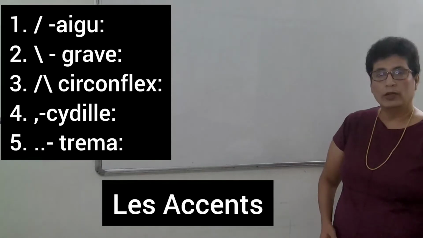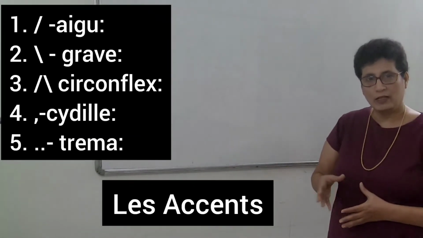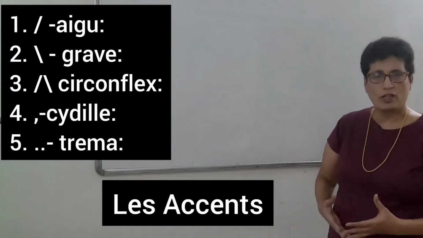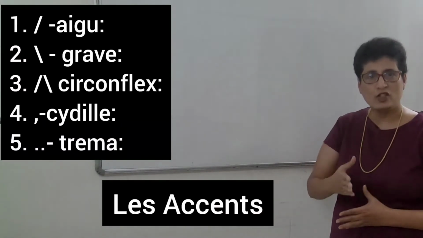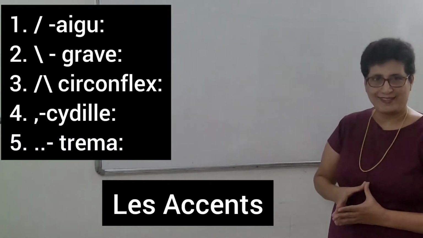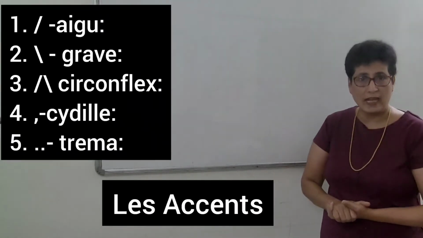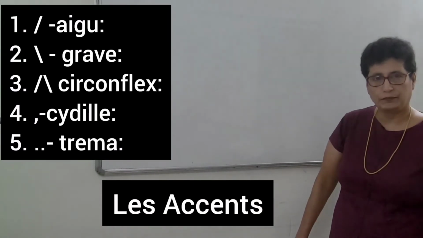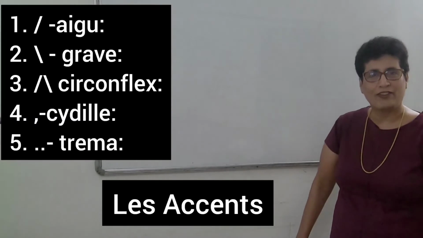Now, they're called sometimes by different names in the Indian classroom. When I teach French, my thought process is always, let's do an Indian journey to the heart of France. So, the first accent, which is the aigu, is sometimes called the acute, probably because it looks like one arm of the acute angle.